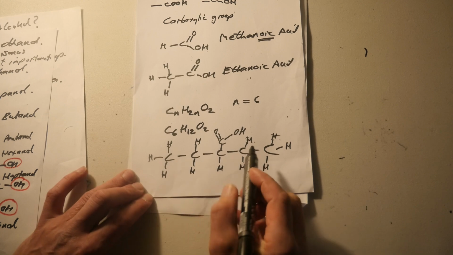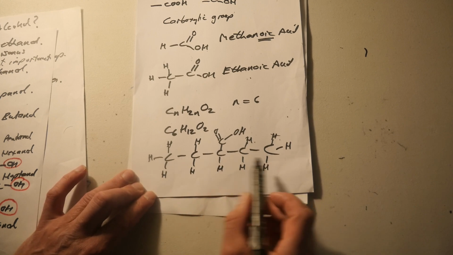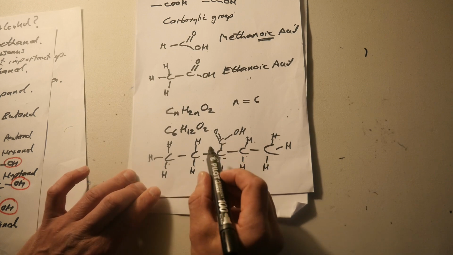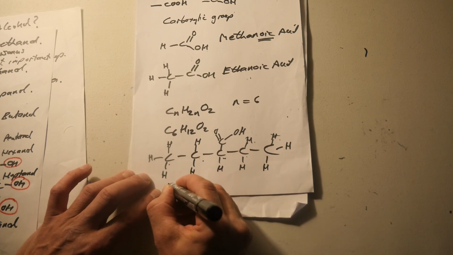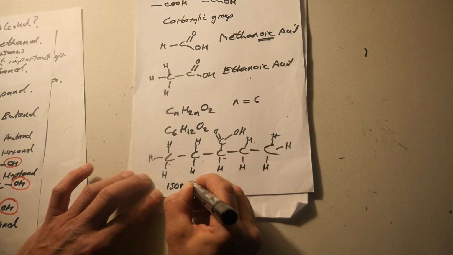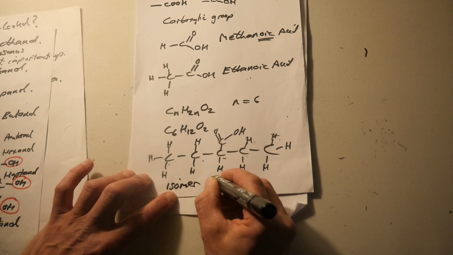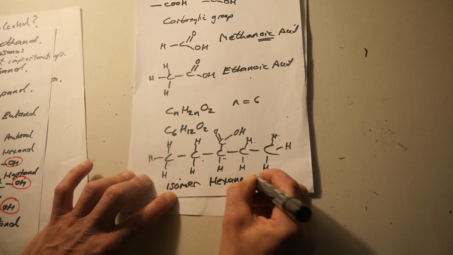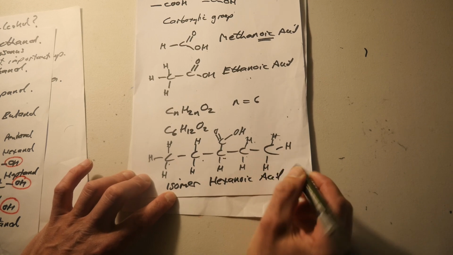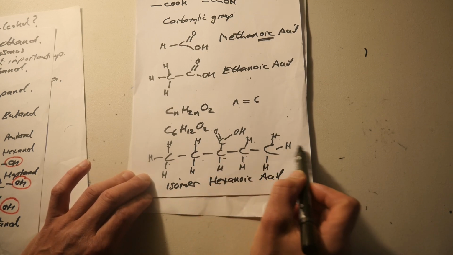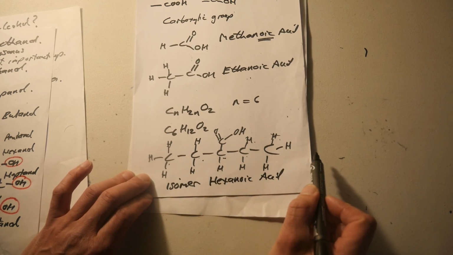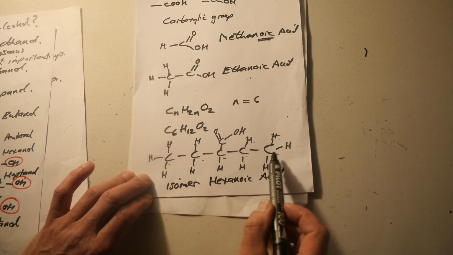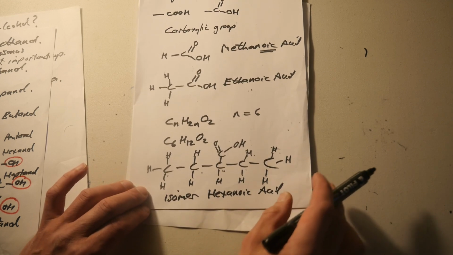So this wouldn't actually be hexanoic acid; that's 1, 2, 3, 4, 5. Because there's a sixth carbon here, this is actually an isomer of hexanoic acid. Instead of the carbon being at the end of the molecule, it's in the middle, so it's an isomer of hexanoic acid.